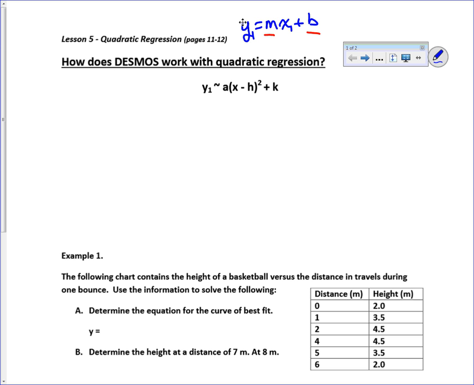So for example, for the linear regression, we had a table. We need to have a table.